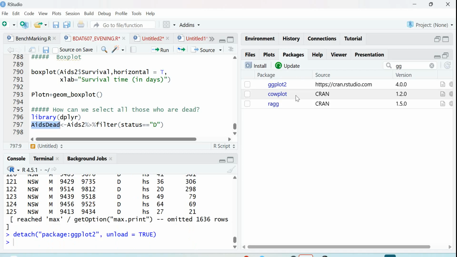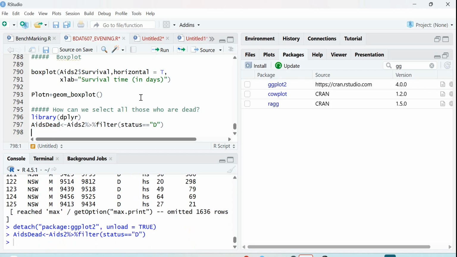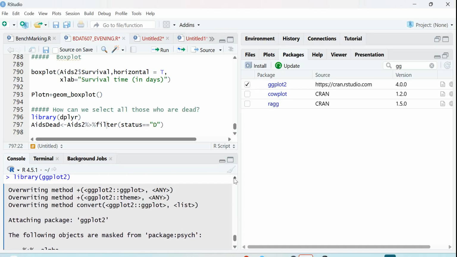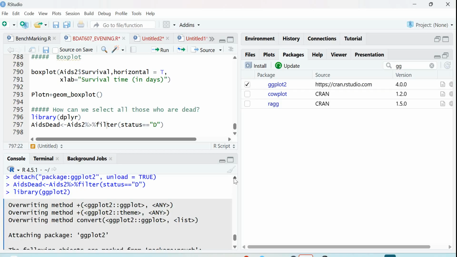So look, I'm taking out this. If I run this, it won't. Oh, it's still working. Overwriting. I think one of these things takes it out.